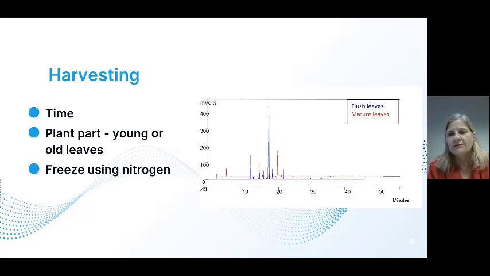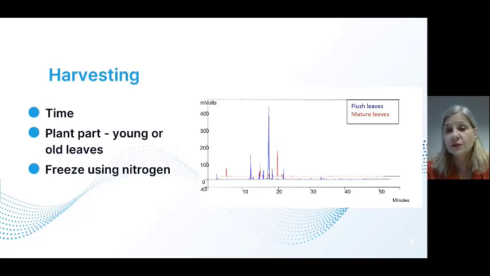On the right-hand side, you have 2 overlaying chromatograms of mango leaves that were sampled: flush mango leaves, very small, very young leaves, just opening up, and then mature leaves.